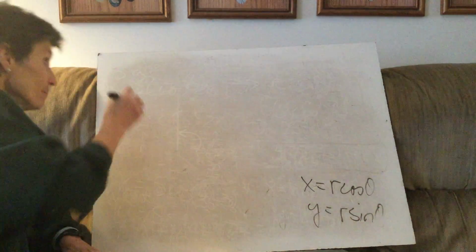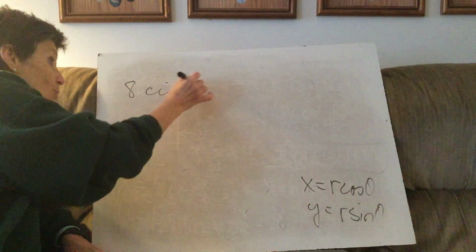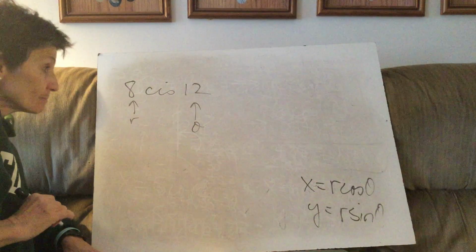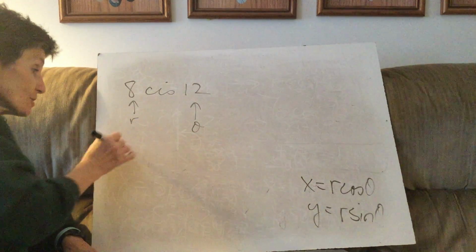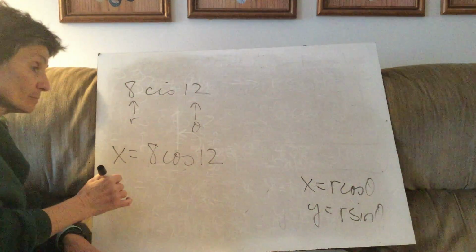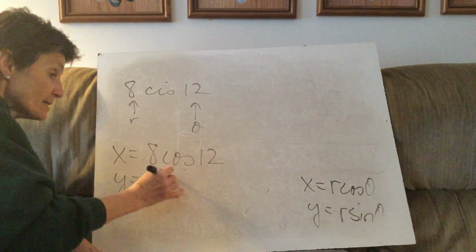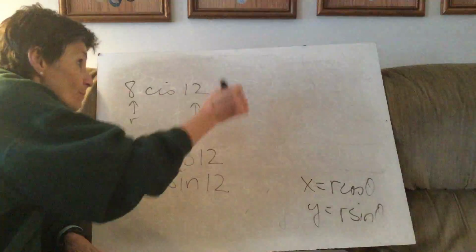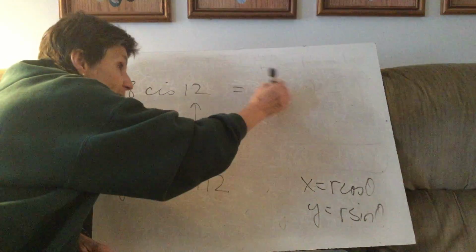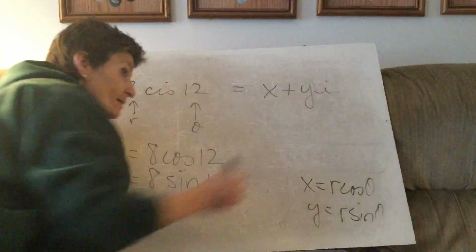All right, so B is 8 CIS 12. So here's your R, here's your theta. So X is 8 cosine 12, and Y is 8 sine 12. So the answer to the question is going to be X plus YI.